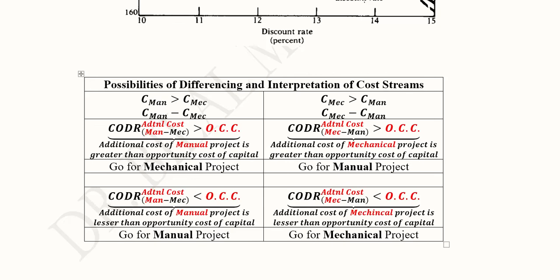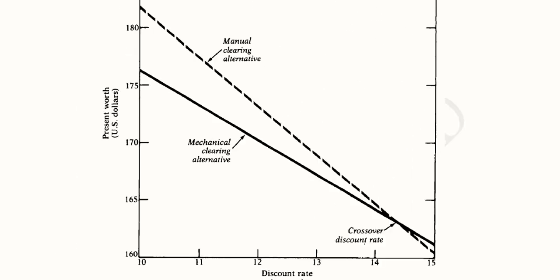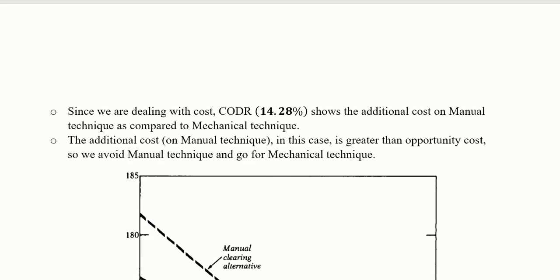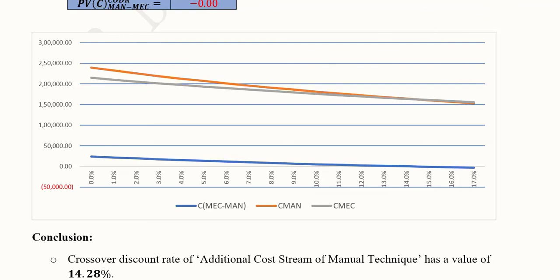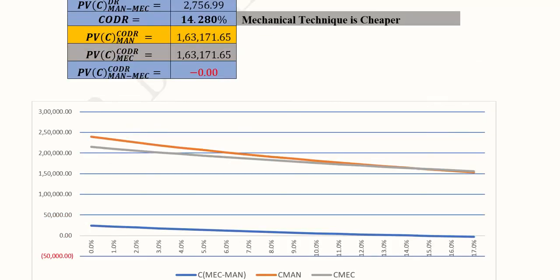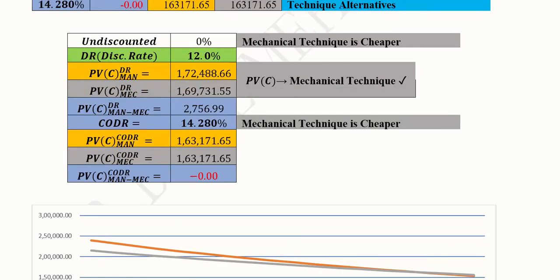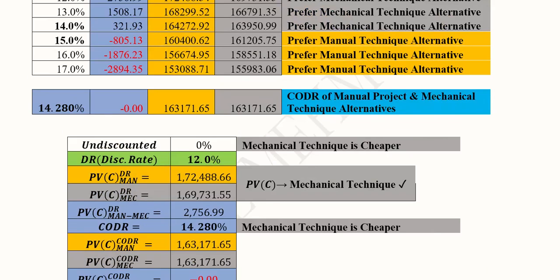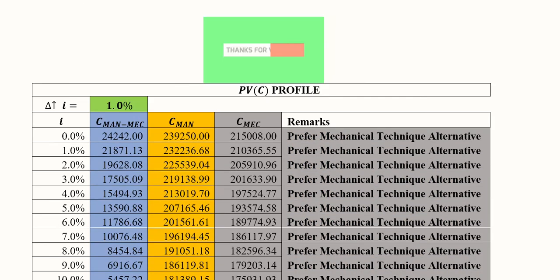So this was the summary table, this was the diagram, and this was the comparison. These were the remarks. This was the table that we made on the basis of these findings: NPV profile, present value of the cost profile, and these were various results of present values, and this was the present value of the cost profile.